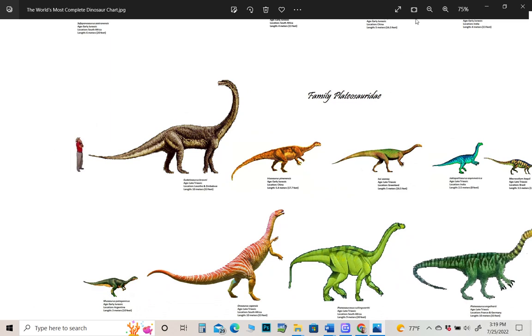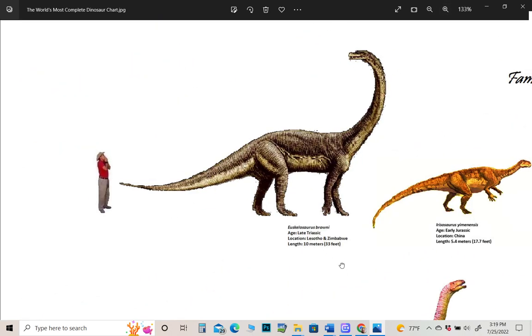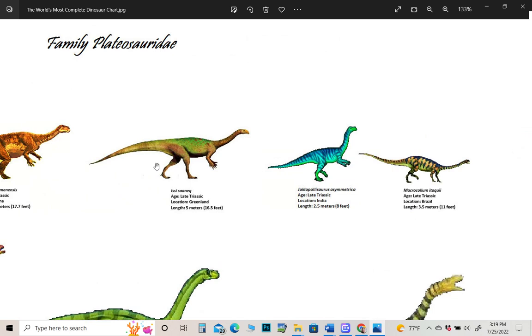Plateosaurus, these actually have 2 families in them in this grouping, but it's all listed as just the Plateosaur family. Eucamasaurus, Irisosaurus, Issy. I believe that was discovered this year. It might have been last year, but I think it was this year.